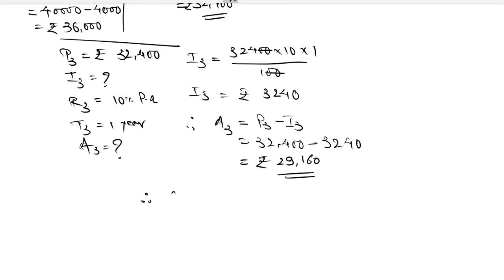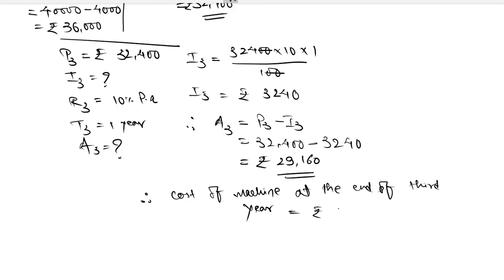Therefore, cost of machine at the end of third year is equal to rupees 29,160. Right, so that was your question number 12, or whichever number is in your textbook.